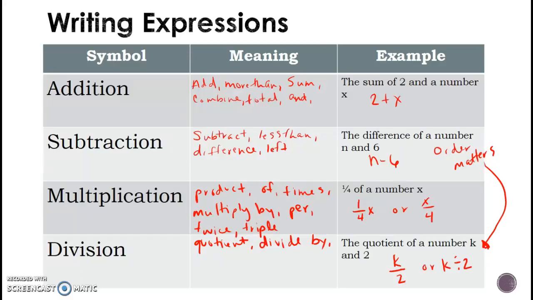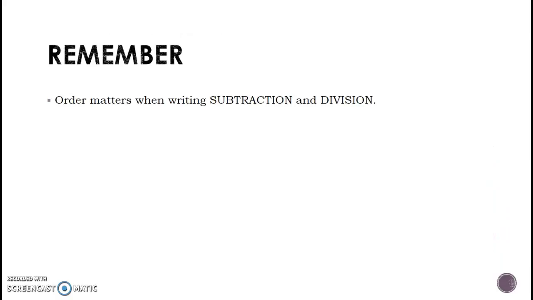And so those are just some of the keywords to look for when writing expressions. So remember, again, order matters when writing subtraction and division, and really matters when you have less than.